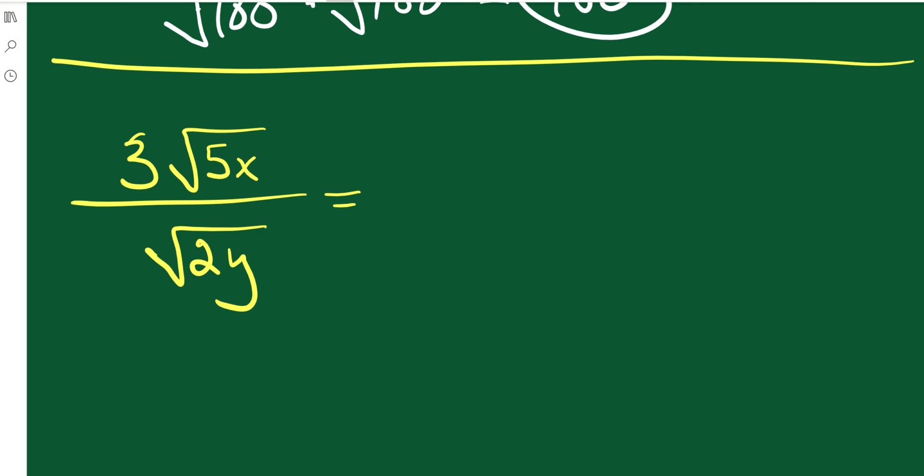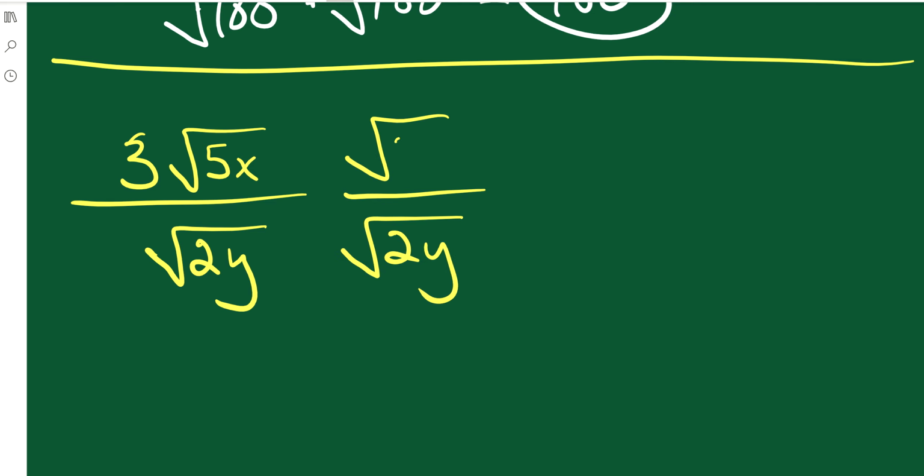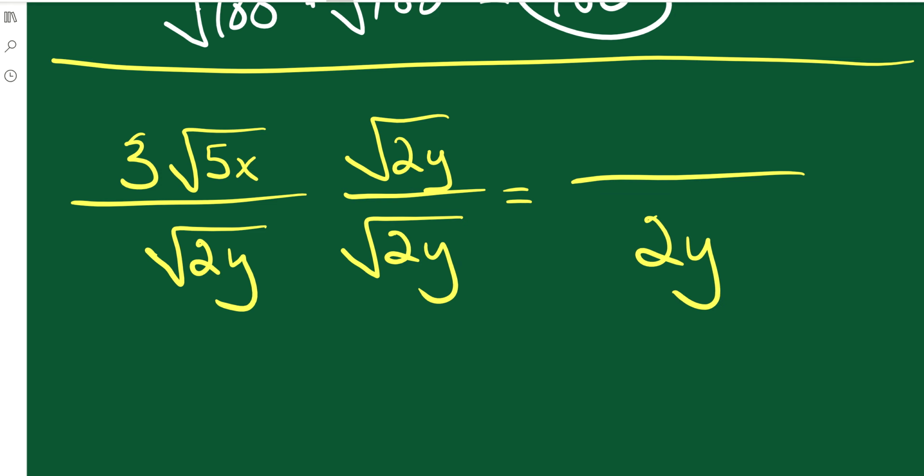Another one. Rationalize the denominator. So I'm going to multiply top and bottom by the square root of 2y. So that's going to equal, I know my denominator is going to be 2y.